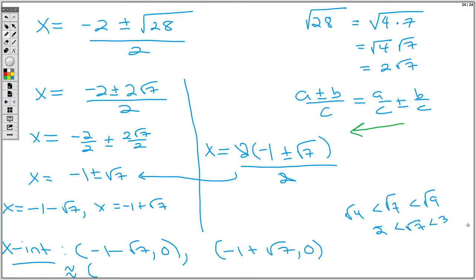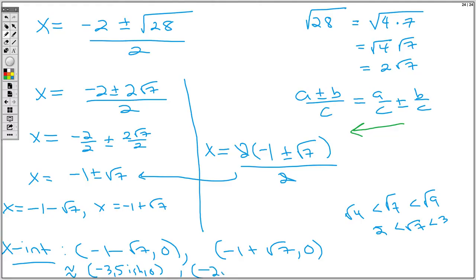Okay? So maybe like 2.5-ish. So negative 1 minus 2.5-ish is about negative 3.5-ish. Negative 1 plus root 7, that's like negative 2.5-ish.